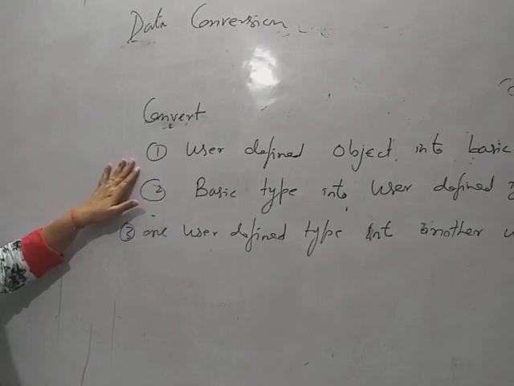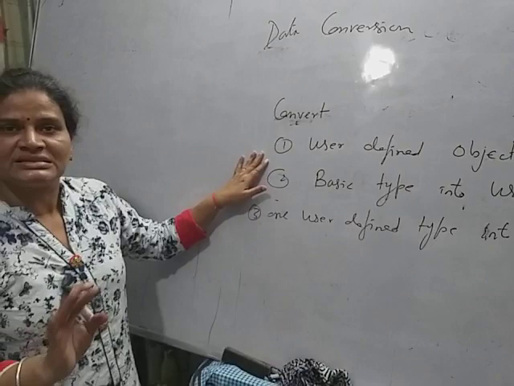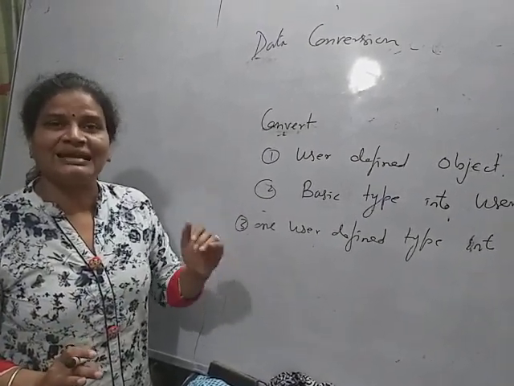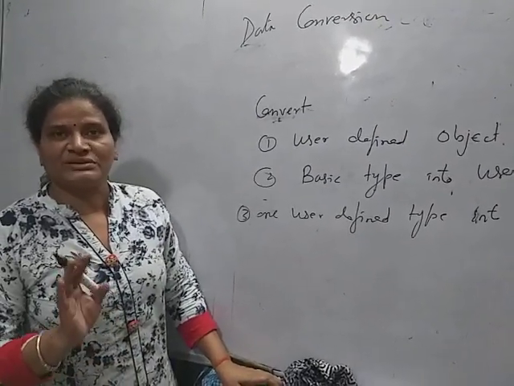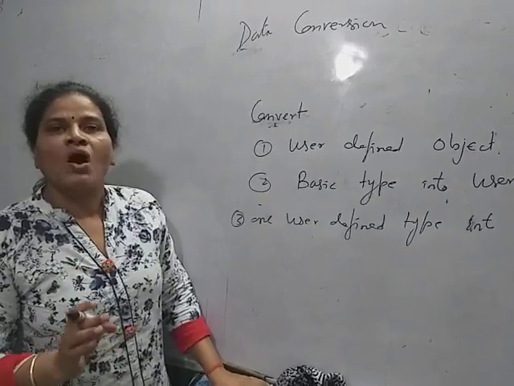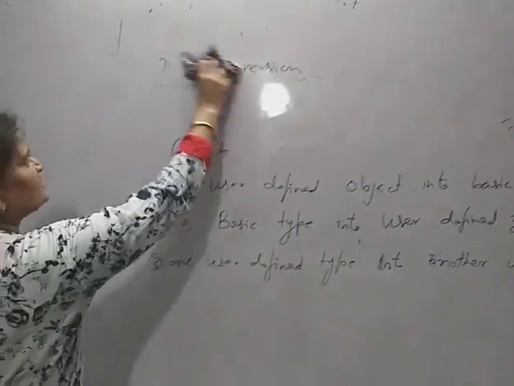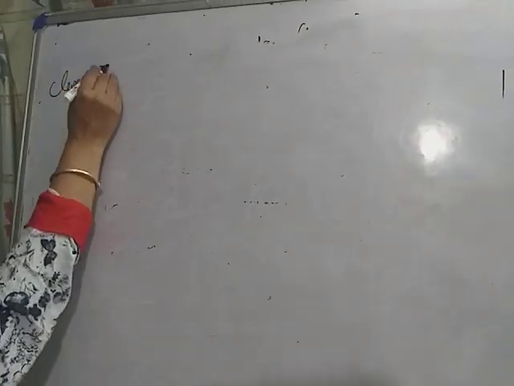As we are performing these conversions on user defined data types, and the compiler doesn't know anything about them, I have to explicitly write the conversion routine. In C++ there are two types of conversion routine: one is the one argument constructor and the second is the operator conversion routine. Now I will explain both with the help of an example. So suppose I am considering one class, say meter.